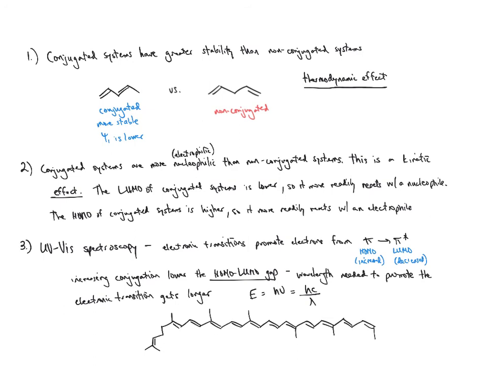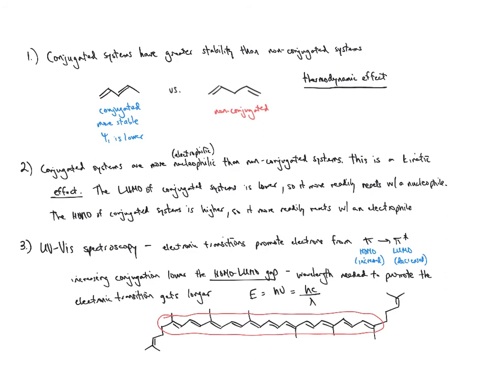And because we have a very, very extended pi system right here for lycopene, this is going to lower the HOMO-LUMO gap as the energy that's required to promote an electronic transition decreases. Right, that energy goes down.